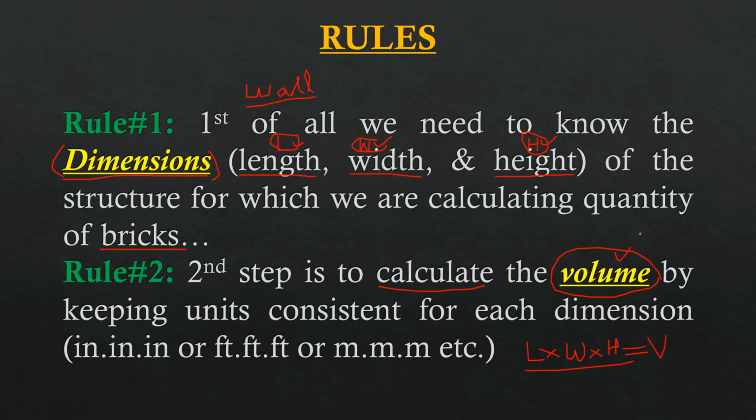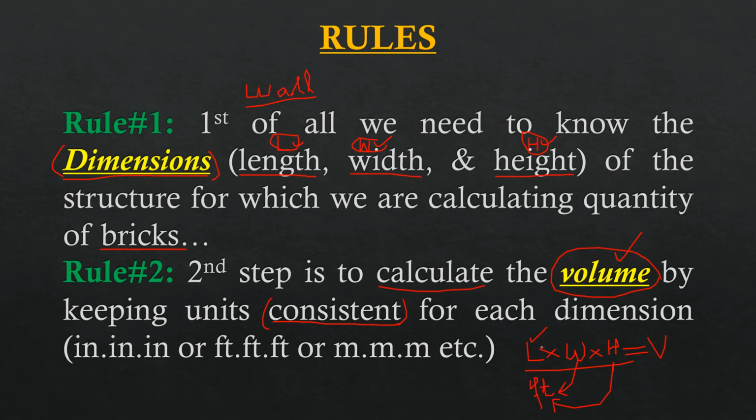But to calculate the volume, you must know one thing: your units must be consistent. What does consistency mean here? It means that if the unit of L is feet, then W must be in feet and H must be in feet.